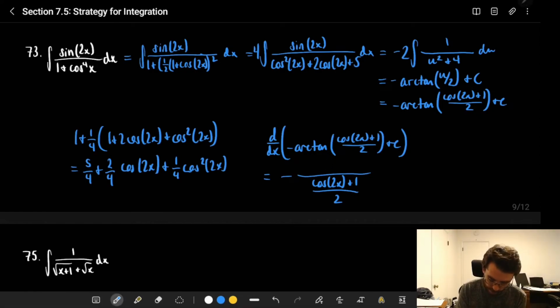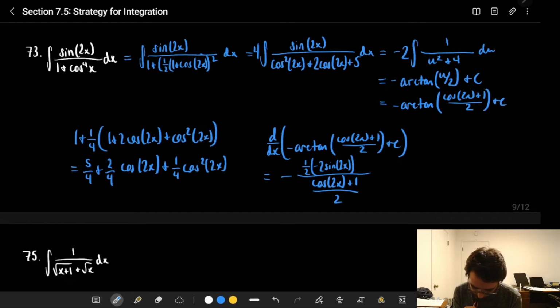Let's just go ahead and put it on top. 1/2. Derivative of cosine 2x is -2, so the negative will go away. Let's just write it all out. I won't skip steps. -2 sine 2x. The derivative of 1 is 0. Times, right, that was the derivative of this.